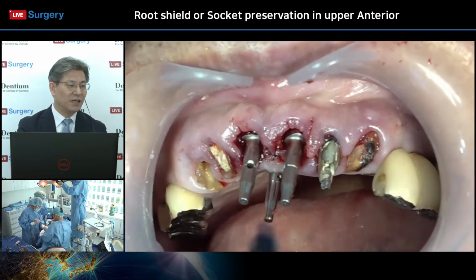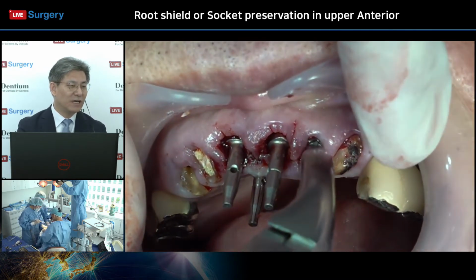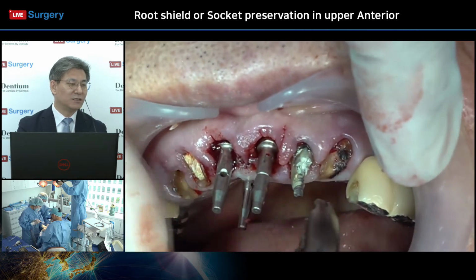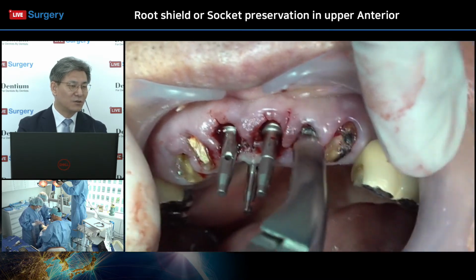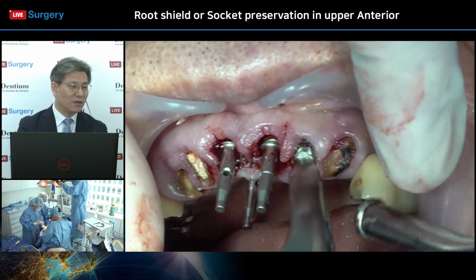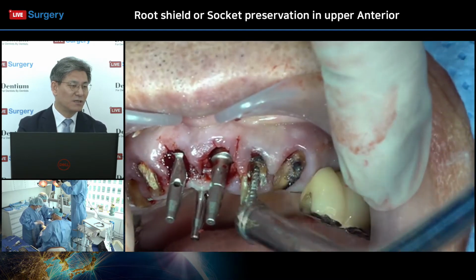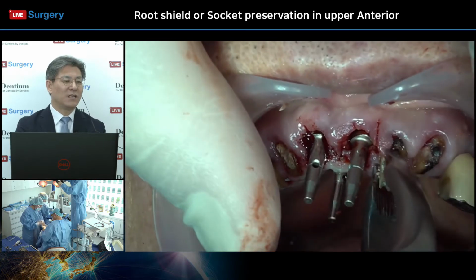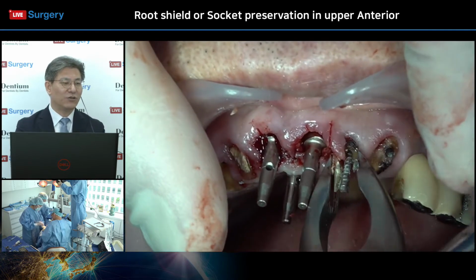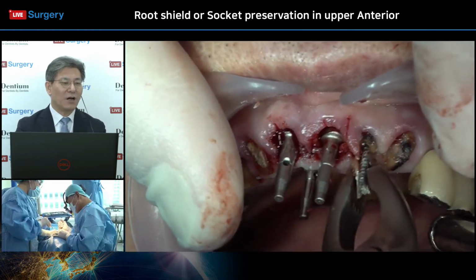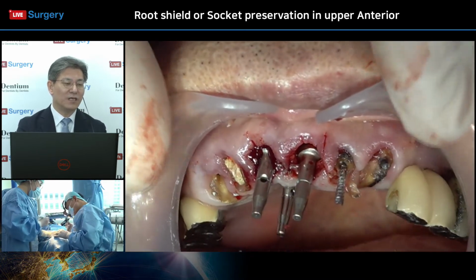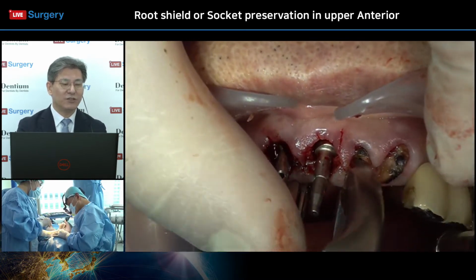And after that, he is moving to the lateral incisor, this tooth with the post. Simply extracted. So yeah, this post. It was already treated with endodontic treatment. I always mention these endodontic treated teeth.